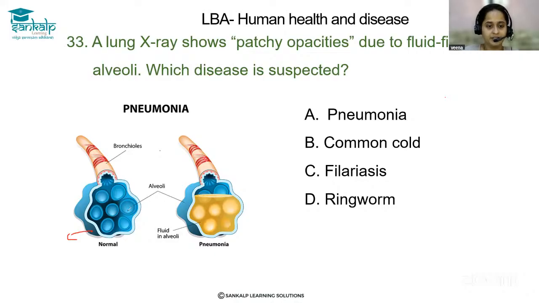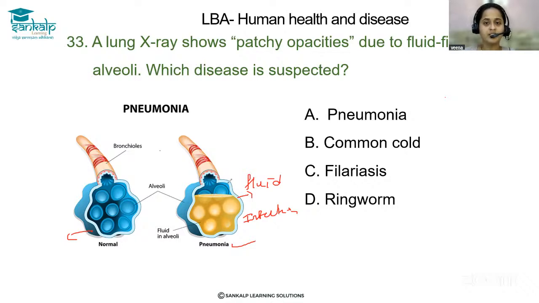So in case of pneumonia, what happens? The alveolar sac will be filled with fluid. That is because of the infection. Because of infection, the alveolar sac will be fluid filled.